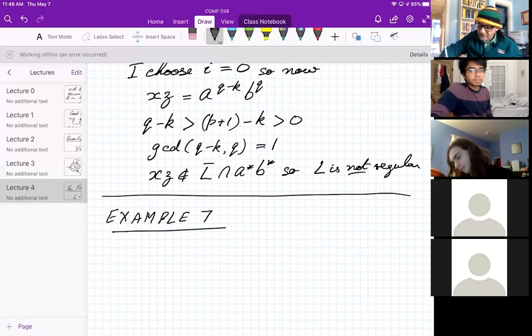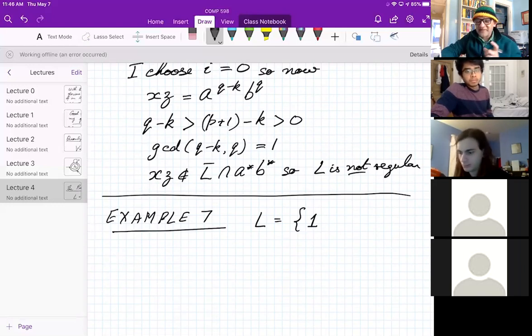So now my language L is, I'll just use the symbol 1 instead of A. So this is maybe slightly confusing notation because the first exponentiation is string notation, just saying I'm repeating this letter that many times. But the second exponentiation is a real exponential. So 1 to the 2 to the n.